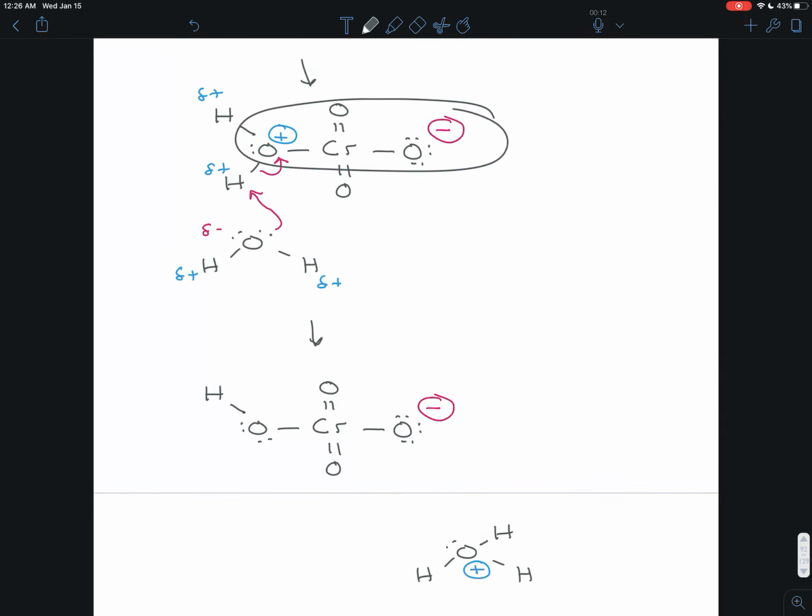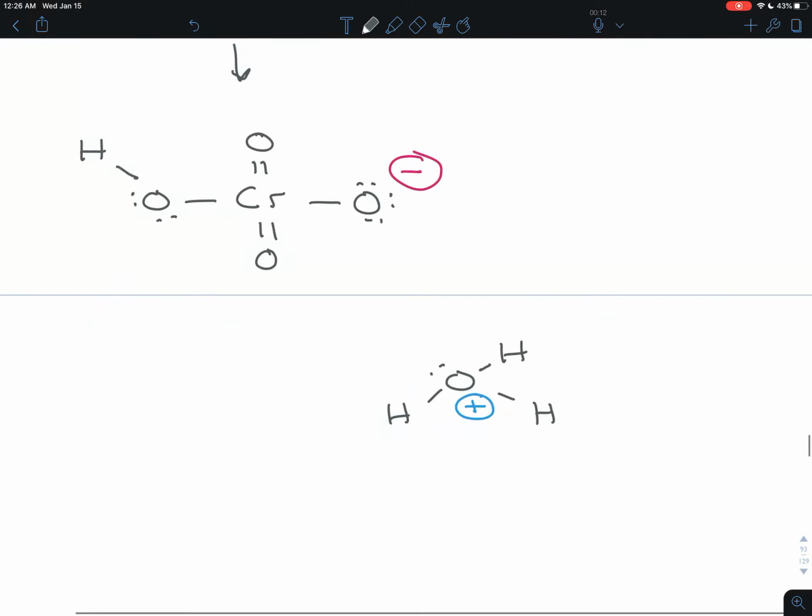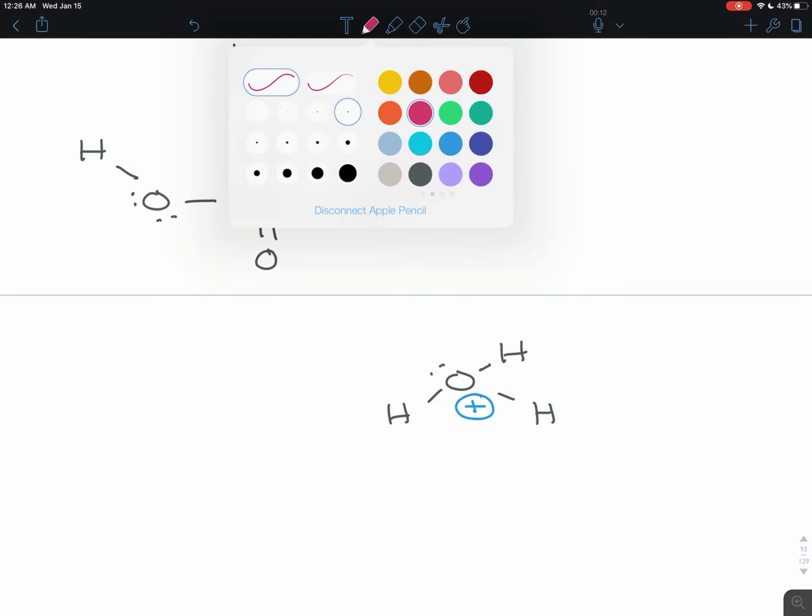Before it had 2 charges, and here it doesn't, it only has the 1. And we can stabilize that charge by doing another proton transfer. So the oxygen here is pulling electron density to itself, both because it's really electronegative and because it has this positive charge that's attracting the electrons.